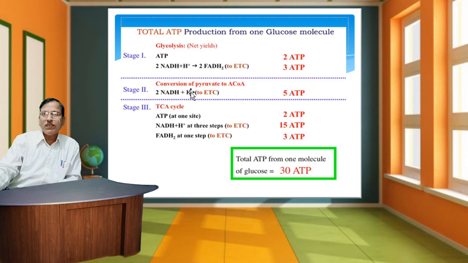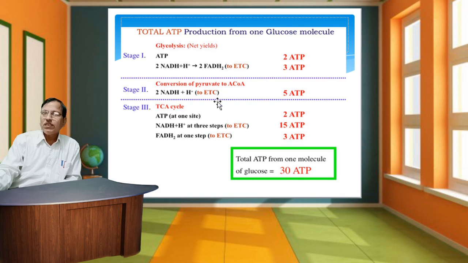In stage second, the conversion of pyruvate to acetyl coenzyme A, 2 NADH plus H ions yield 5 ATP. And stage third is the TCA cycle. In the TCA cycle, ATP at one step yields 2 ATP, NADH plus H at 3 steps to the ETC gives 15 ATP, and FADH2 at one step to the electron transport chain gives 3 ATP.